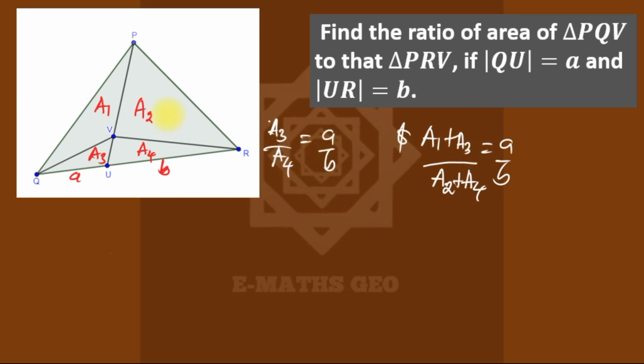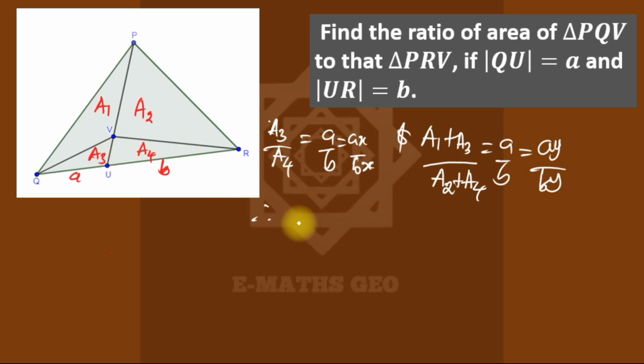So let the actual area of A3 be AX, while that of A4 be BX, which is the same ratio. The common factor here is X. And let the actual area of A1 plus A3 be AY, while that of A2 plus A4 is BY.